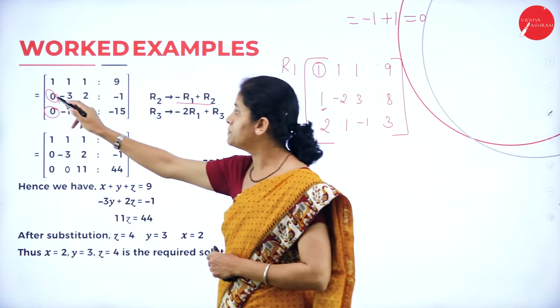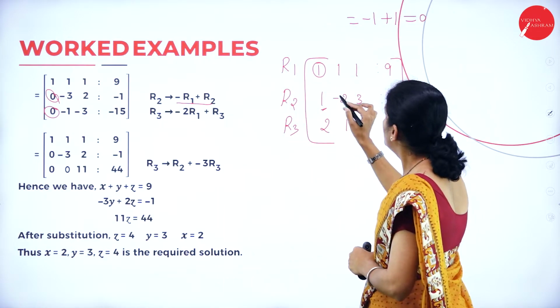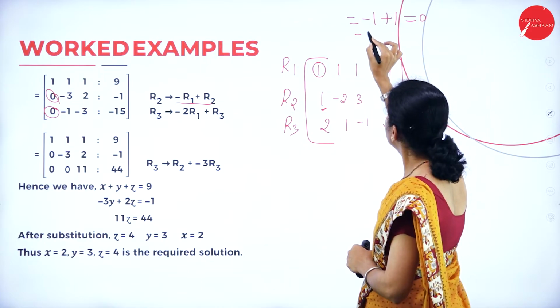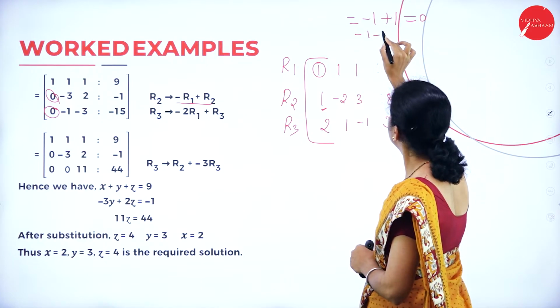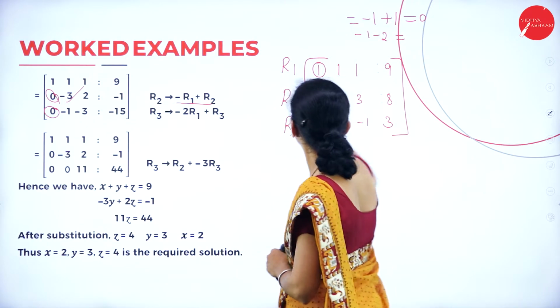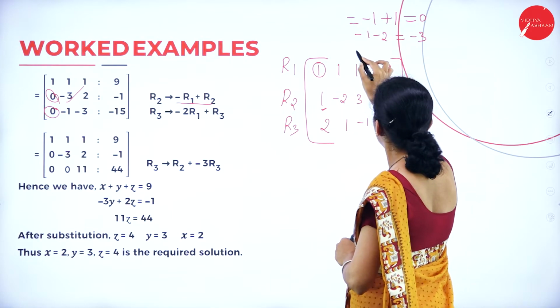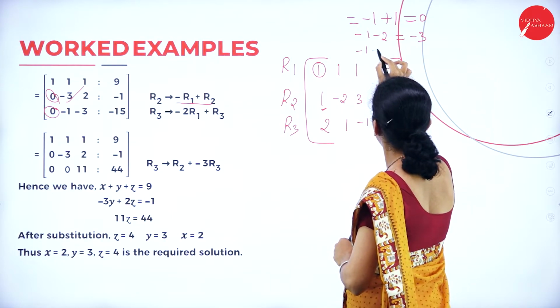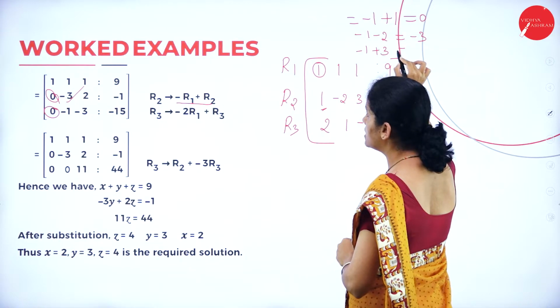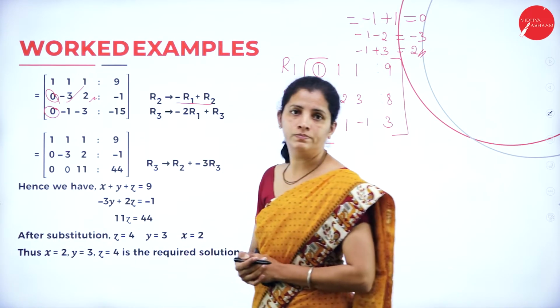So I substitute 0. Now, I have minus 1 minus 2, the answer is minus 3. Now I have minus 1 plus 3, so the answer is 2.